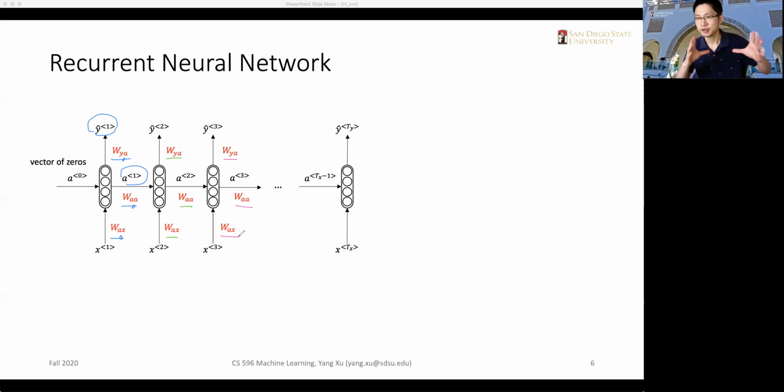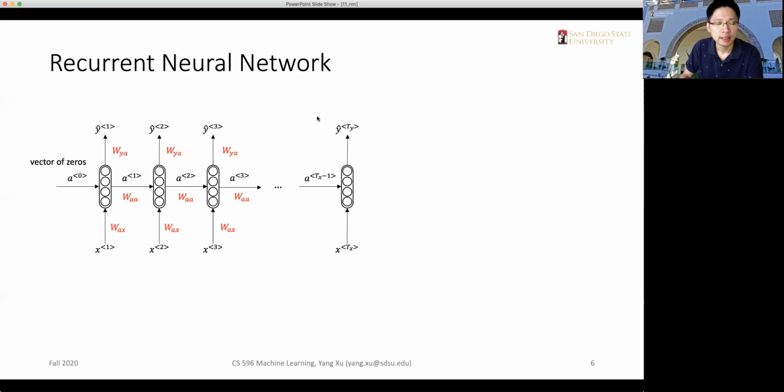Okay, they are shared parameters. They are not a new set of parameters. Only in this parameter sharing can we pass along the information in the old time steps to the computation of the future time steps. If nothing is shared between different time steps, then the recurrent neural network doesn't capture the sequential information at all, right?